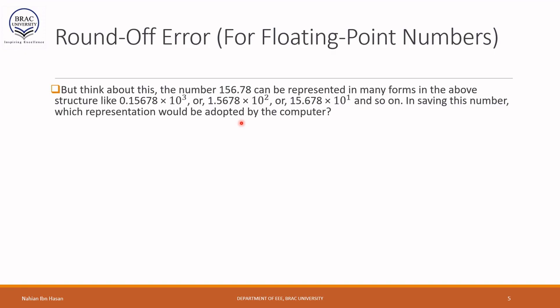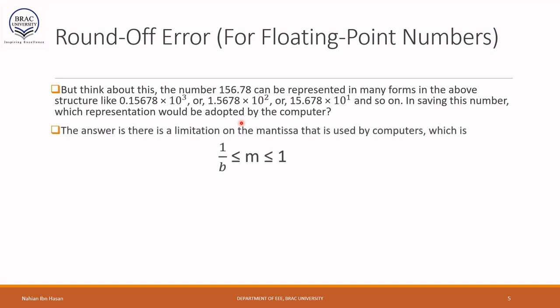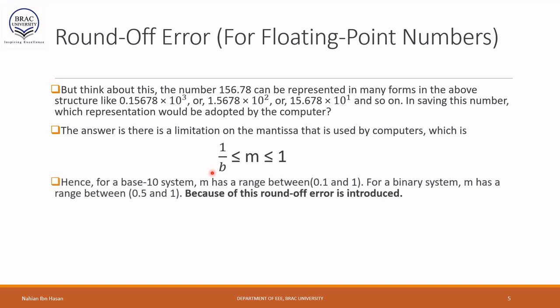The computer has some limitations and some conditions that it must follow to save floating point numbers. So what is that condition? The condition is something like this: 1/b is less than or equal to m, which is less than 1. This condition must be fulfilled when you represent a floating point number for the purpose of saving it into the computer memory. For example, if we use a 10-base system, then the value of b would be 10, and the range of m would be 0.1 to 1.